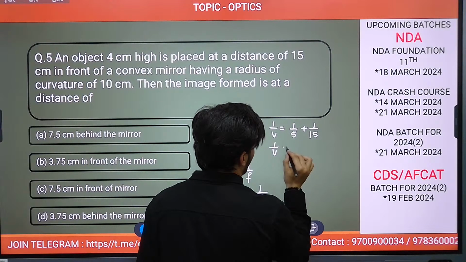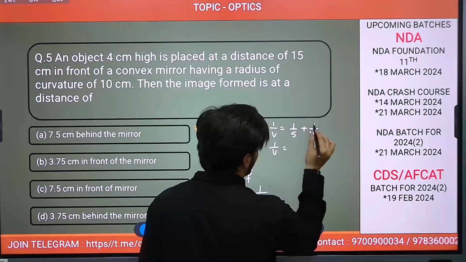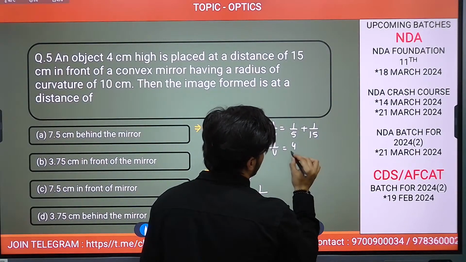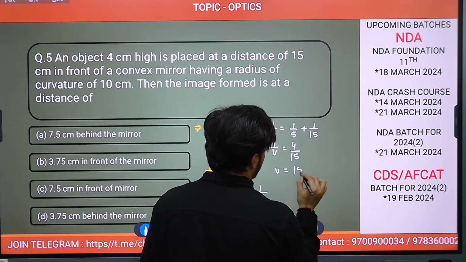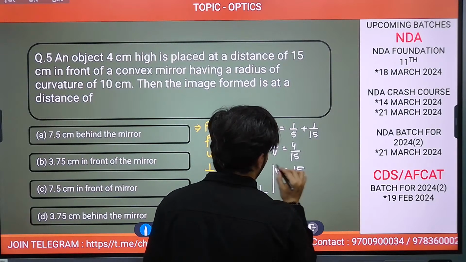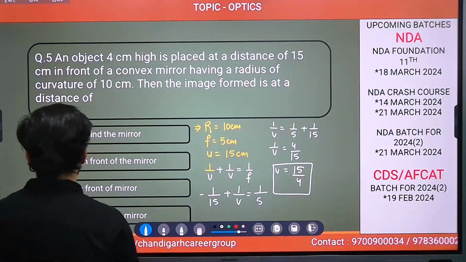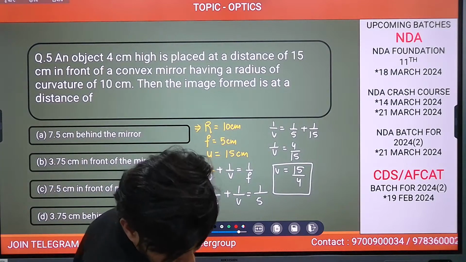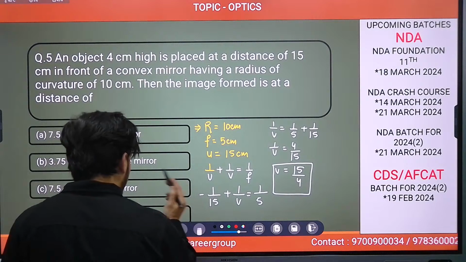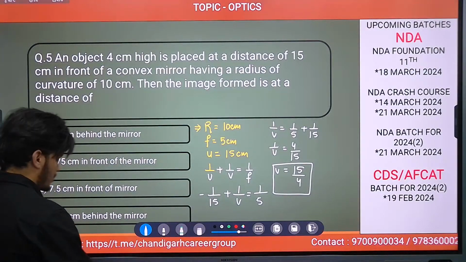So 1 upon V is 3 plus 1, 4 by 15. So V comes out to be 15 by 4 and since V is positive, so virtual image, 3.75 behind. Yes, when the image is formed behind, it is always virtual.